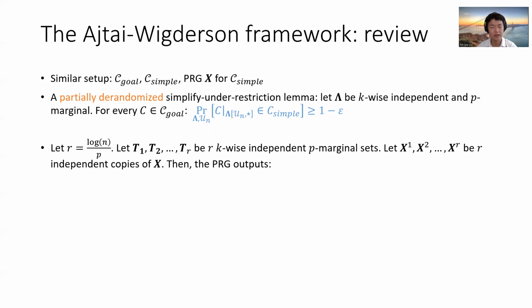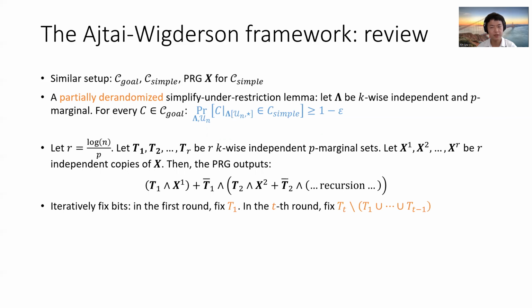Set a parameter R as log n over P. We prepare R k-wise independent and P marginal subsets denoted by T1 up to Tr. Also let X1 up to Xr be R independent copies of X. Then the PRG outputs something like the following. Intuitively, this is iteratively fixing bits. In the first round, we fix the T1 part by X1.